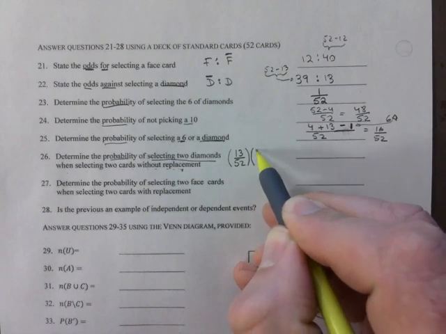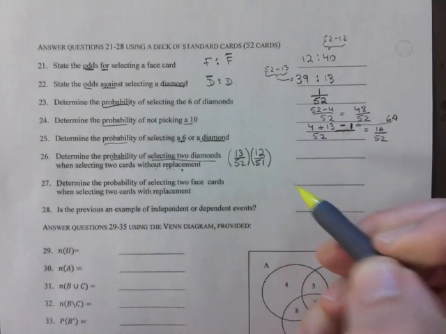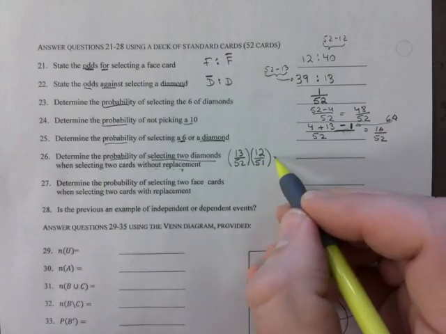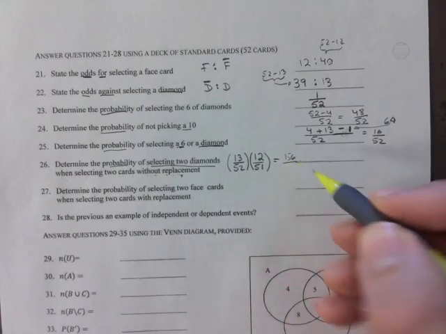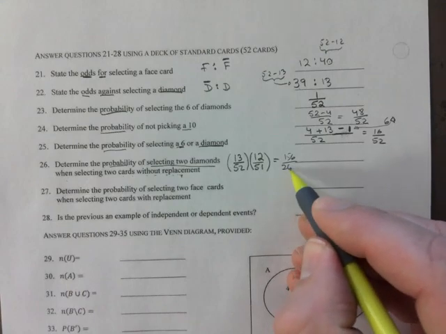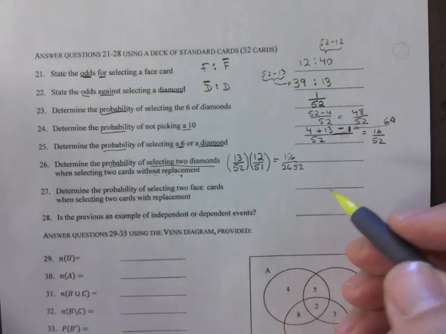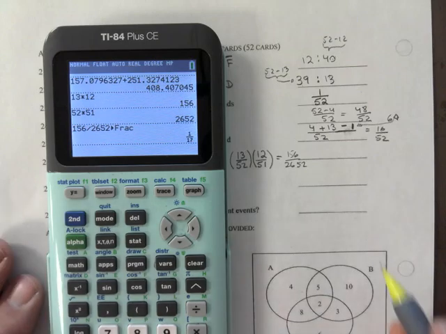And how many diamonds are there for the second draw? 12. And I only have 51 cards left, right? So you multiply that out and you get your answer. 13 times 12, that's 156 over 52 times 51, 2652. And you know how to reduce this, right? 1 over 17.